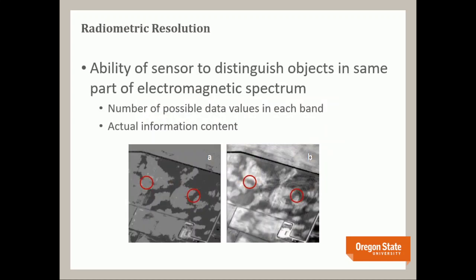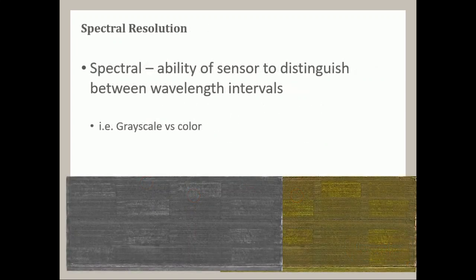Radiometric resolution is the ability of the sensor to distinguish objects in the same part of the electromagnetic spectrum: the number of possible data values in each band, the actual information content. Spectral resolution is the ability of the sensor to distinguish between wavelength intervals, like grayscale versus color, so it differentiates between wavelength intervals to detect the variation.